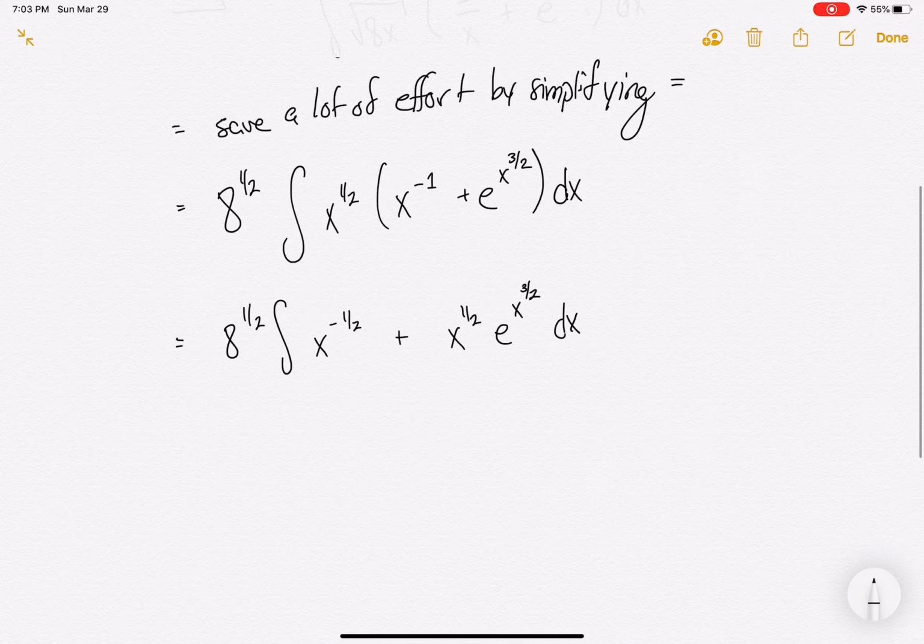And so this is just the power rule. But this is going to be u substitution. And you'll just want to get in the mood of recognizing that every time there's a plus sign, try to get that plus sign in a place that you can split the integral into two integrals.